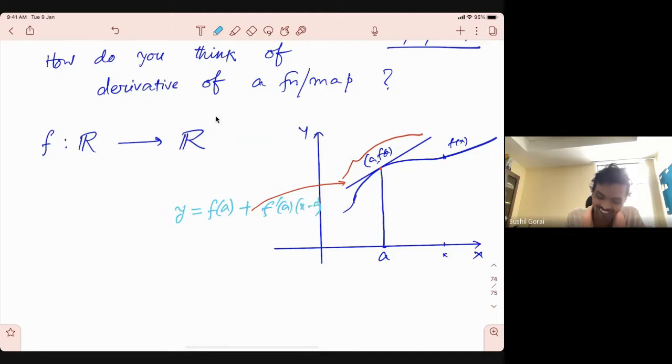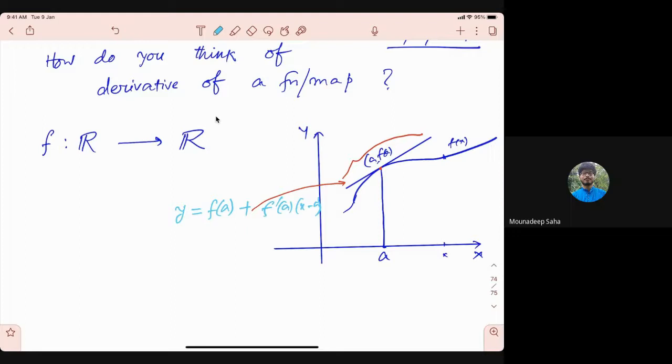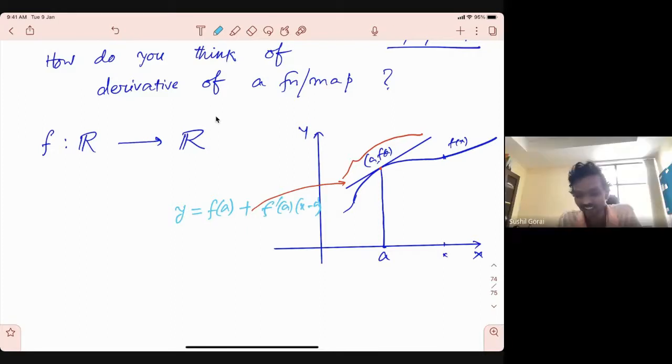Right. So you expand it in terms of the Taylor series expansion and look at the terms up to linear order. That is actually the tangent line. So Taylor expansion does give us a lot of information. So this is this line.